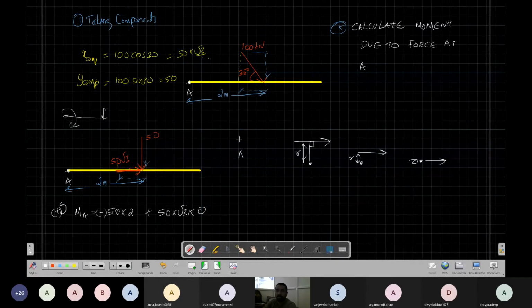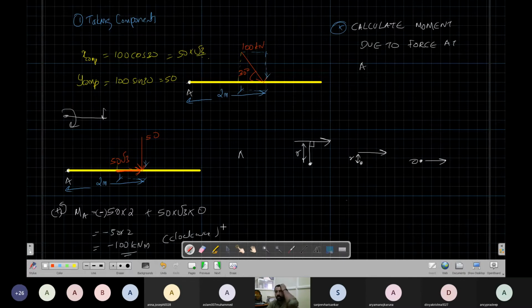From the point you drop the perpendicular to the force, then measure that distance. So you should be clear. Now, this is minus 50 times 2, that is minus 100 kilonewton meters. Minus means it is in the clockwise direction.